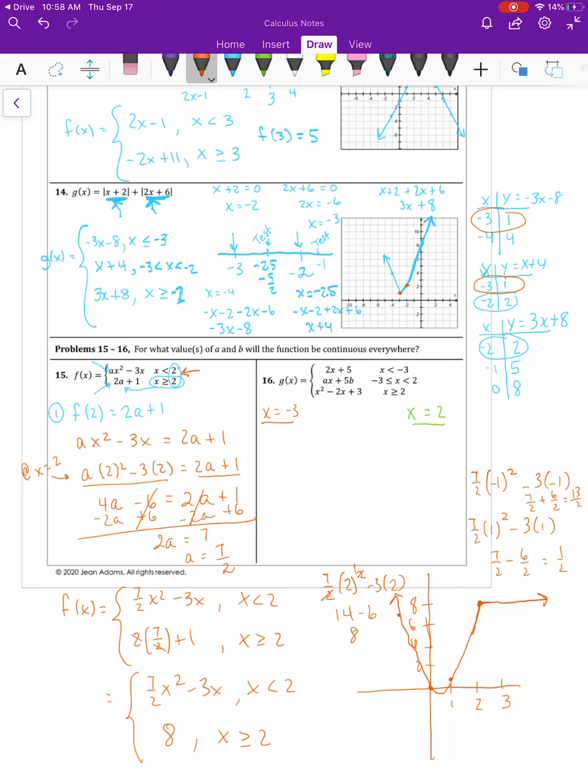So for -3, we're going to say, well, we want the 2x plus 5, which is on the left-hand side of -3, because that's less than. We want that to equal ax plus 5b, okay, when x is -3. So now I say, okay, these need to equal each other at this x value.